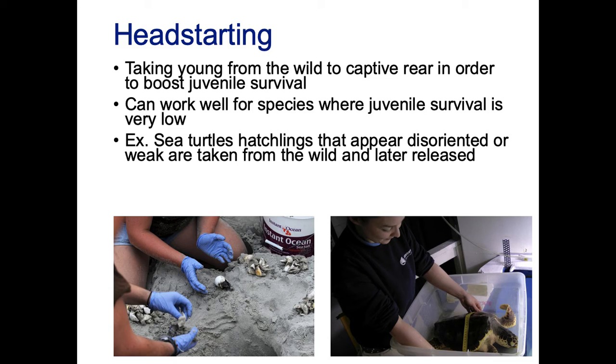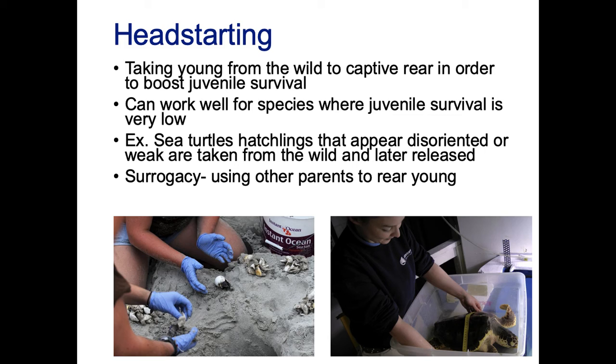So what they do is they take sea turtle hatchlings. Sometimes they'll take the eggs, and they'll guard the eggs as a way of kind of head starting. They'll often also take sea turtle hatchlings that appear weak or disoriented, feed them up, get them a little bit stronger, and then release them to help boost the population.